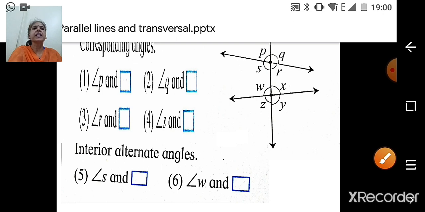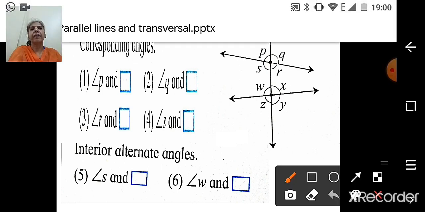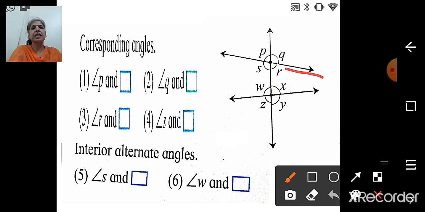Now the next one is angle R. See now, children, the direction is downwards. So angle R and the same side of the transversal. With R, which angle is coming? Y. So angle R, angle Y. And angle S, downwards, same side of the transversal.